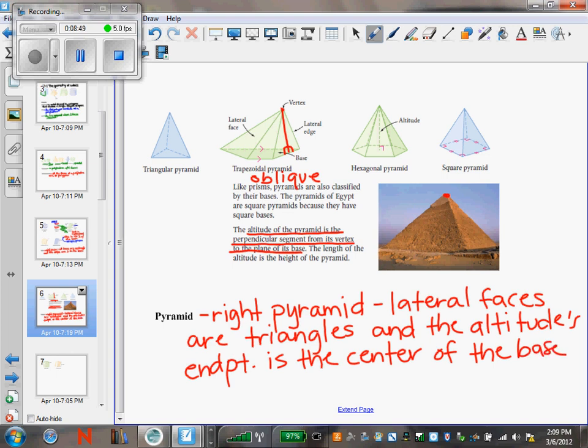So this point right here, because this is right, that is the center of our hexagon on the base. This square pyramid here, if I draw in the altitude, that endpoint would be the center of the base of the square. That's how you can tell if it's right or not. Again, we're only going to study the right pyramids.